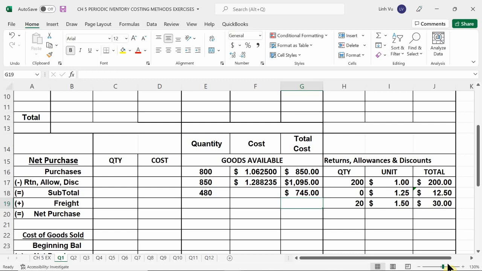So in this case, I have a new quantity and a new total cost. So I need to adjust my inventory accordingly. So what should be my cost per item now that I have $745 spreading across 480 units?